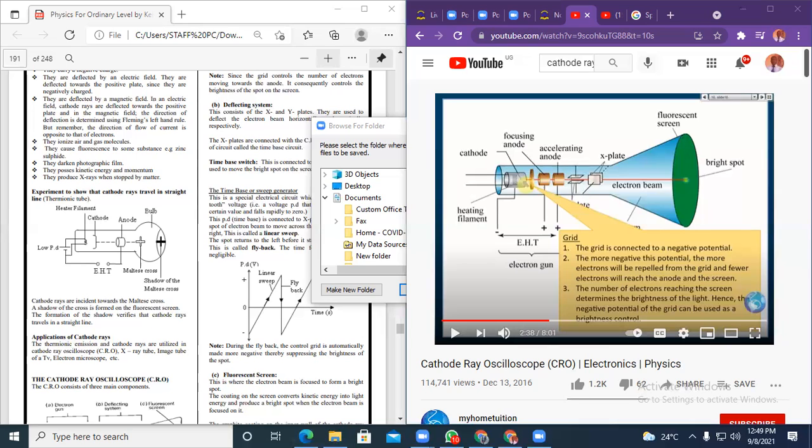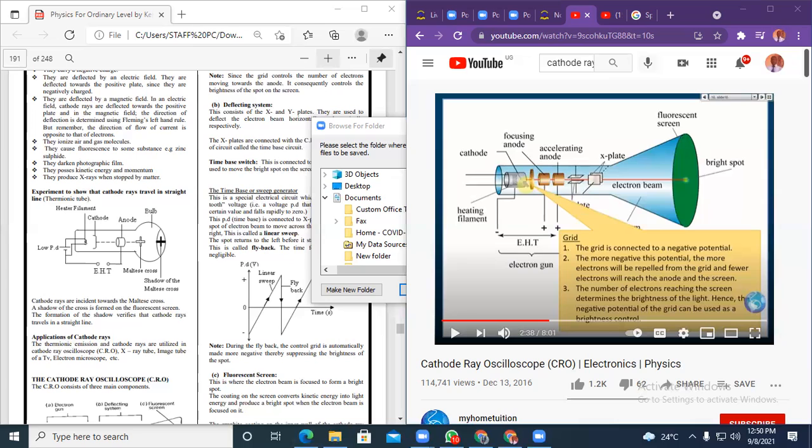The more negative the potential of the grid, more electrons bounce to the cathode, and a few go to the anode and the screen.